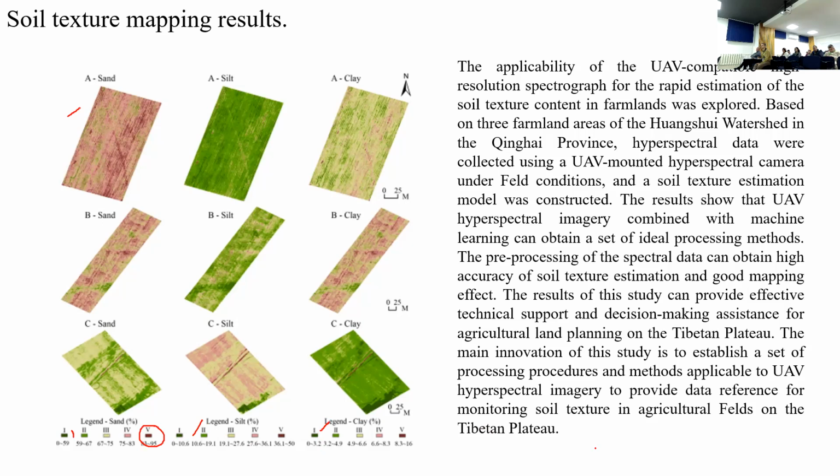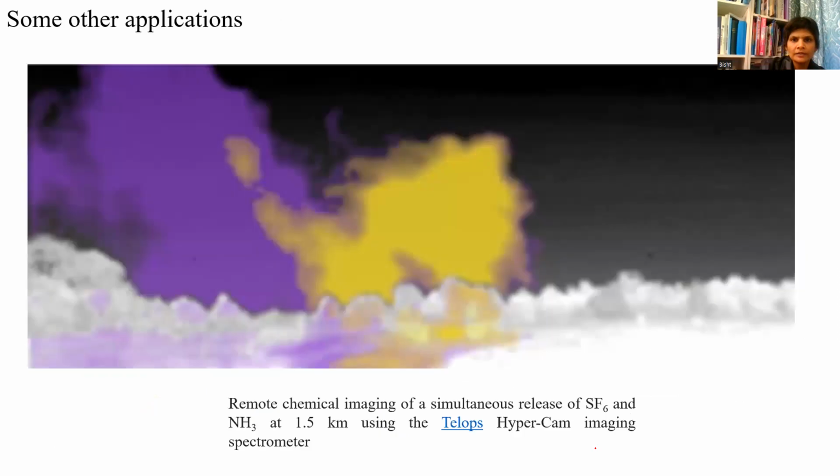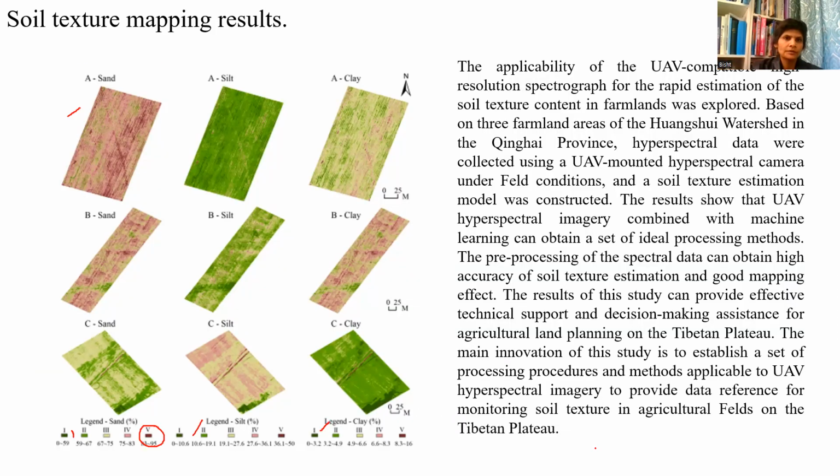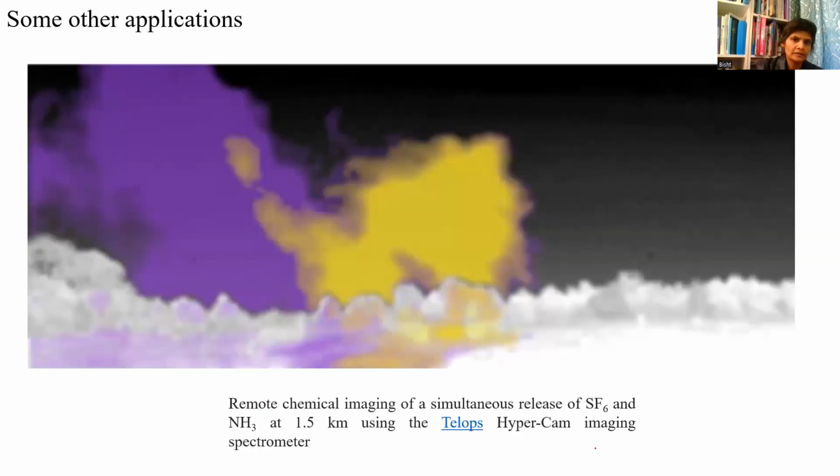So that's the conclusion of this study and almost the end of this talk. Apart from land use, hyperspectral methods can be used for various other things as well. For instance, they can be used to characterize dangerous gases.